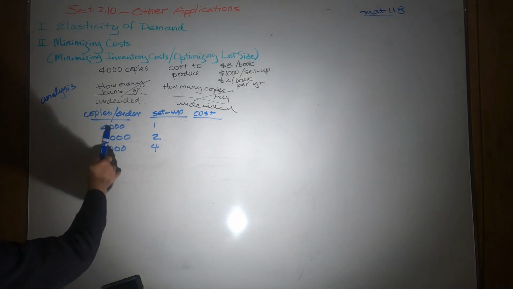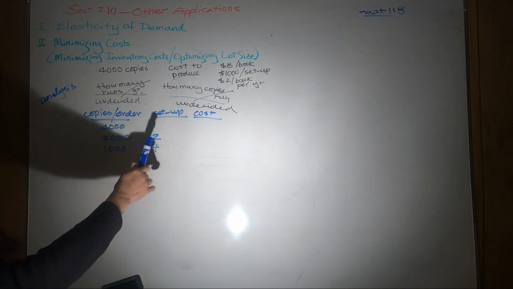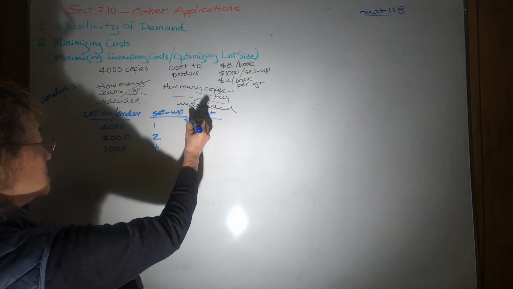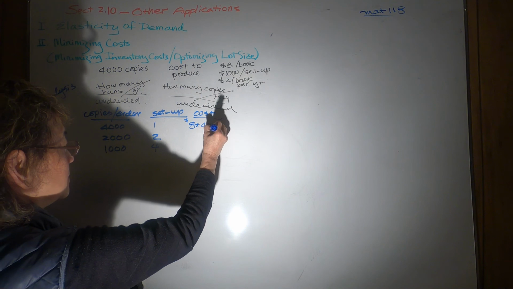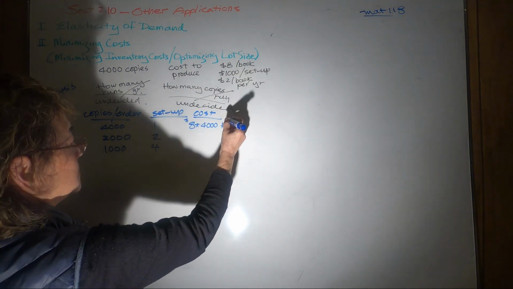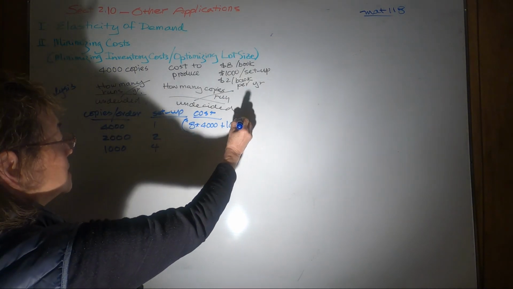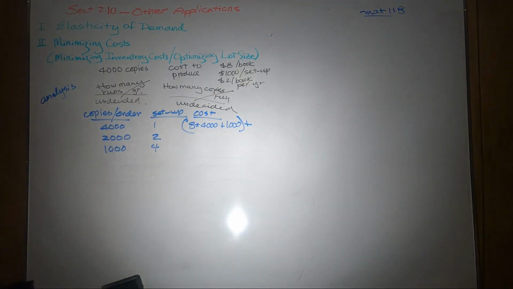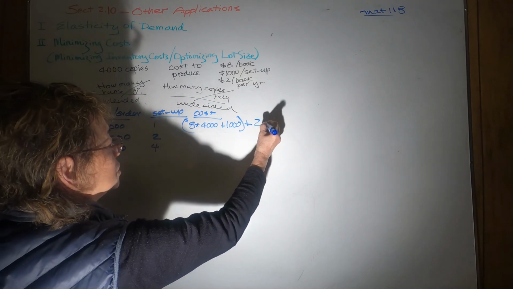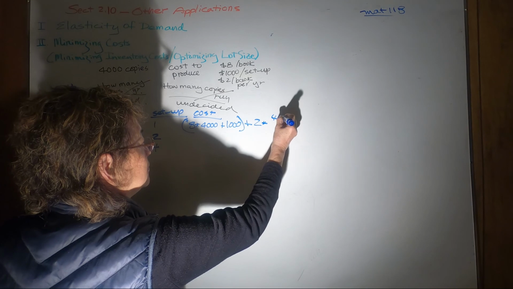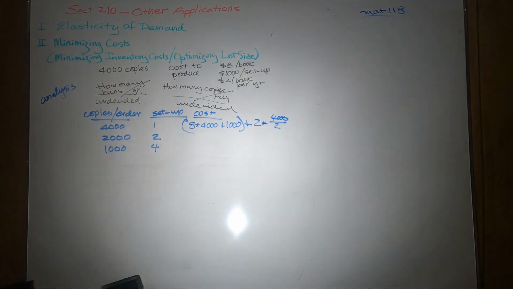If 4,000 copies, each one is $8, so it would be $8 times 4,000 copies plus the setup fee, just one time, then plus your storage cost. Storage cost is $2 per book for 4,000 books, half of it for the average.